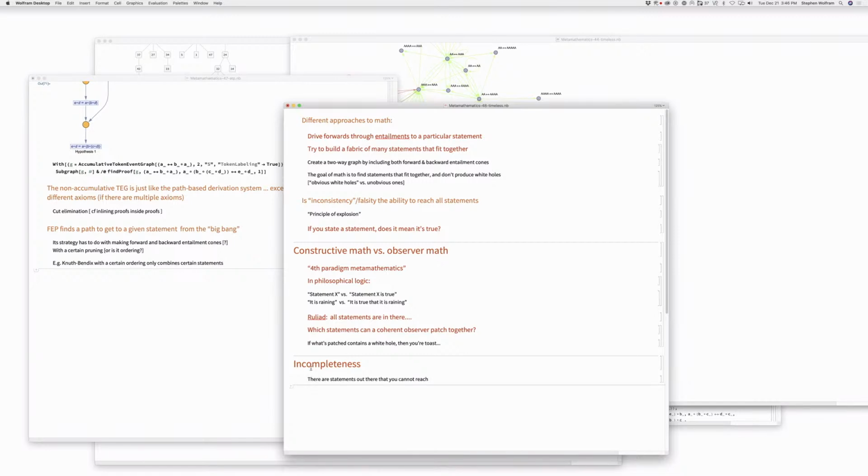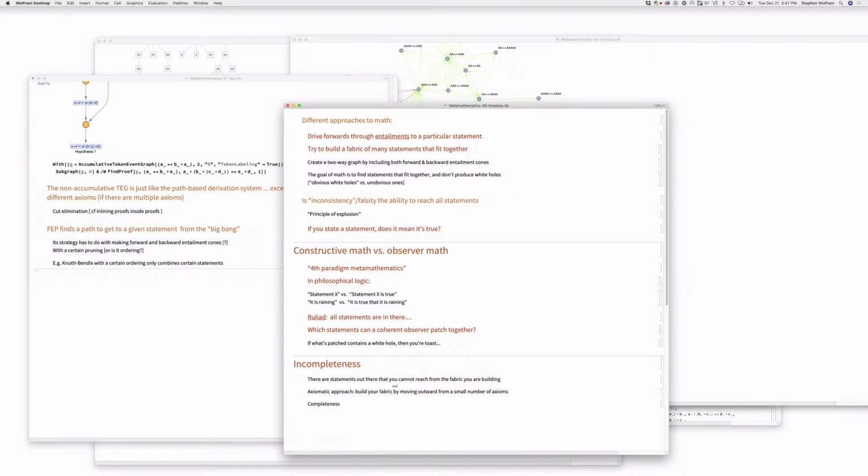You can't reach them from where? Where are you? The fabric you're building up. You can't reach from the fabric you're building. Okay, and so the axiomatic approach is build your fabric by moving outward from a small number of axioms. Which isn't necessarily what you do. You could look for consistency.